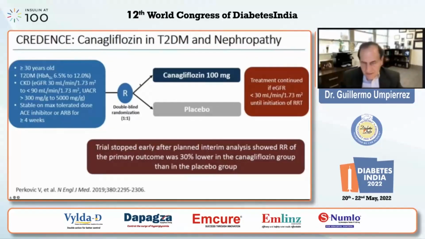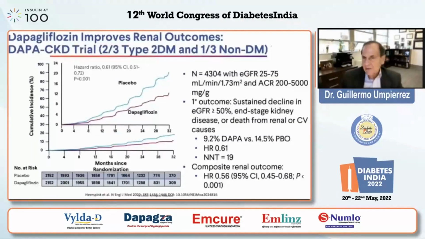They were randomized to canagliflozin 100 milligrams or placebo. But this trial was stopped early because the interim analysis showed a relative risk reduction of the primary outcome that we mentioned before by 30%. So impressive data, not only in those who do not have, but in those with established cardiovascular and renal disease.